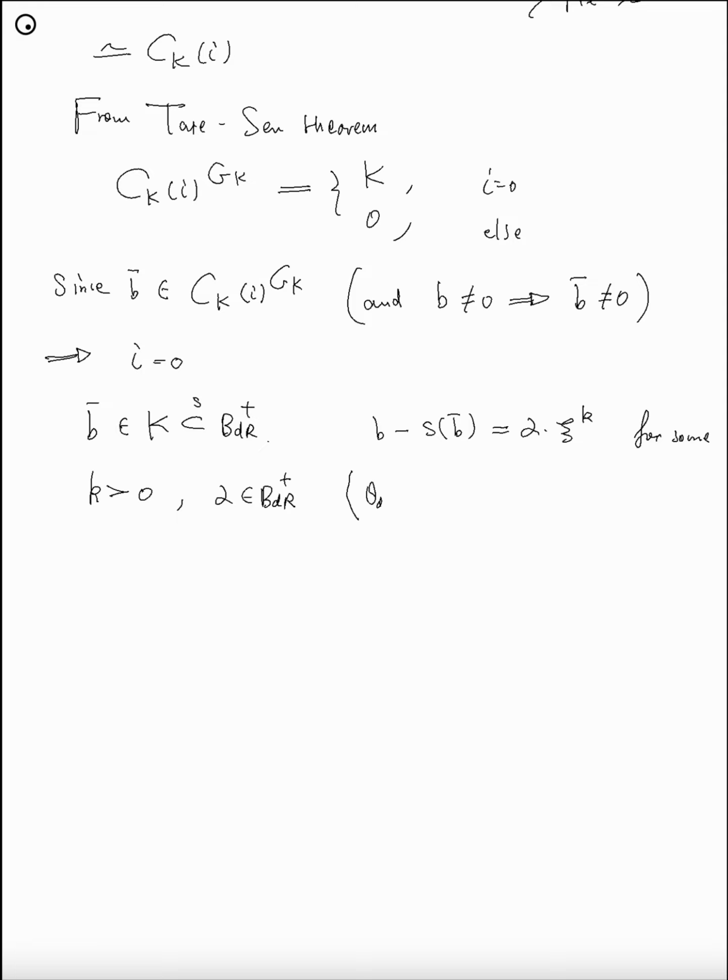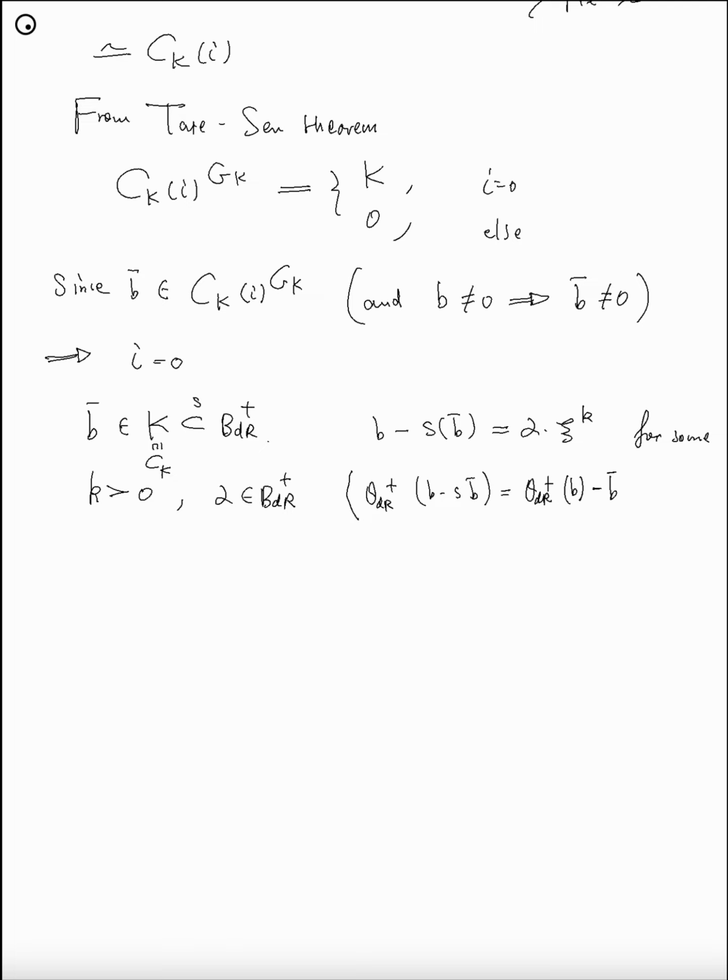So theta_dR acting on b minus s should be theta_dR on b minus b bar. So this actually embeds K into B_dR plus, in particular K.